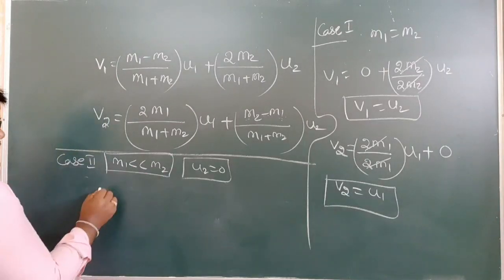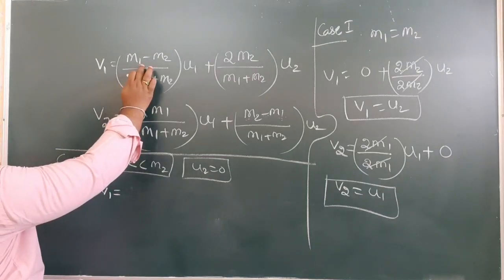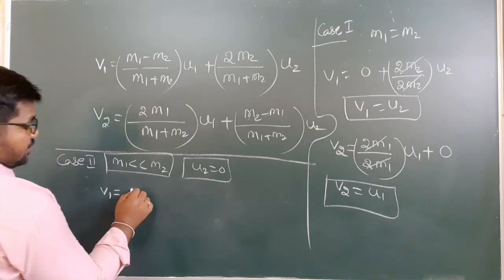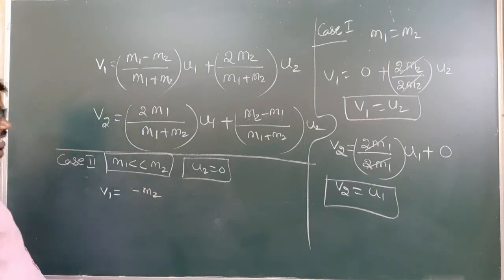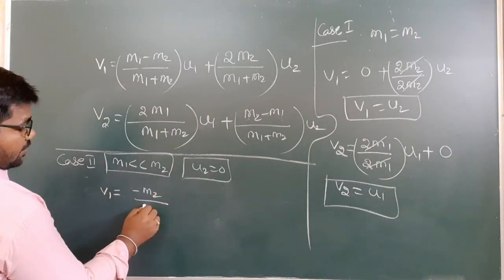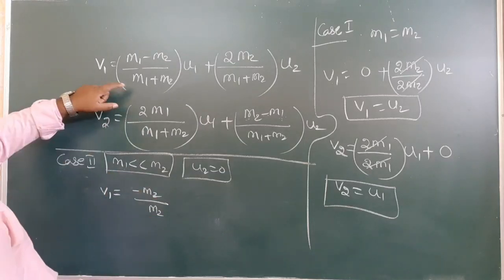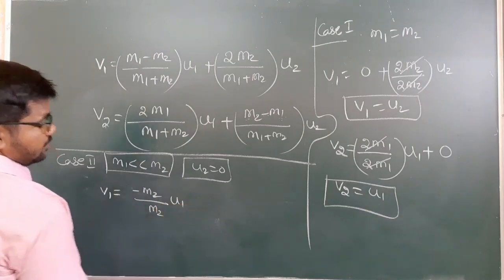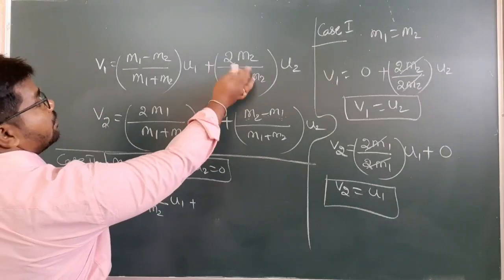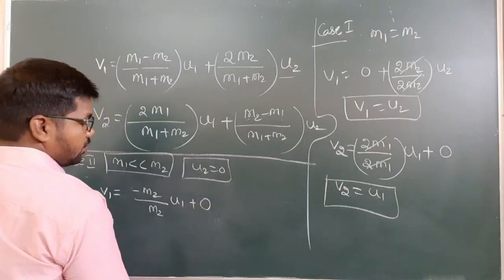So v1 is equal to (m1 minus m2) by (m1 plus m2) u1 plus 2m2 by (m1 plus m2) u2, with u2 value 0.